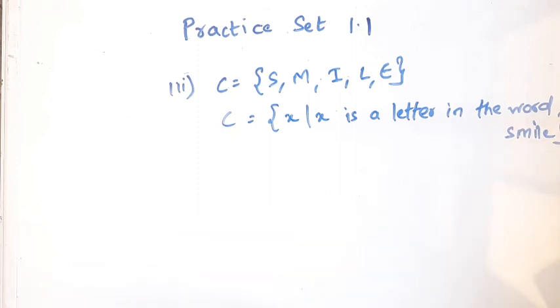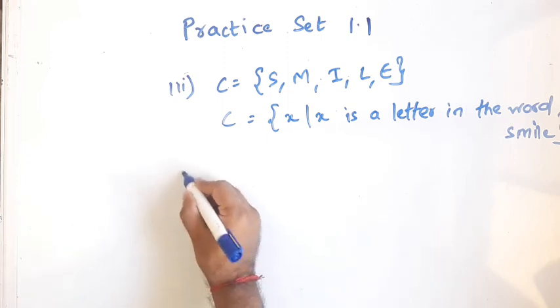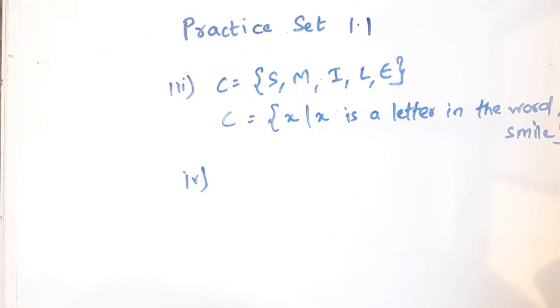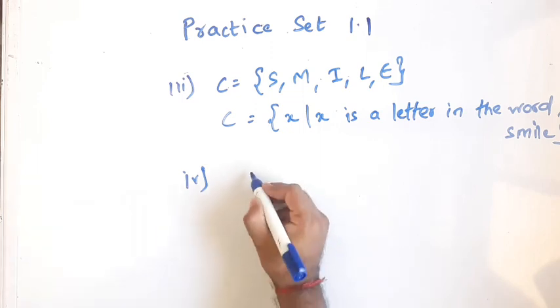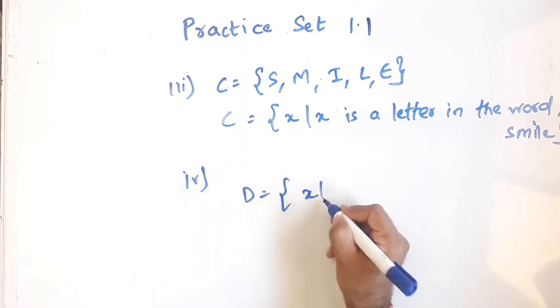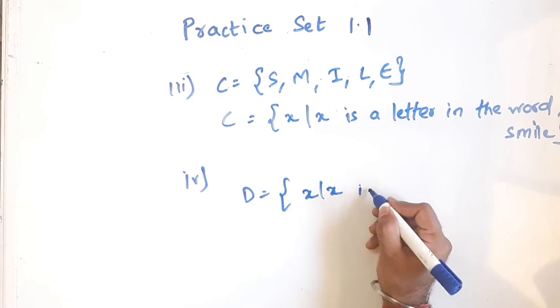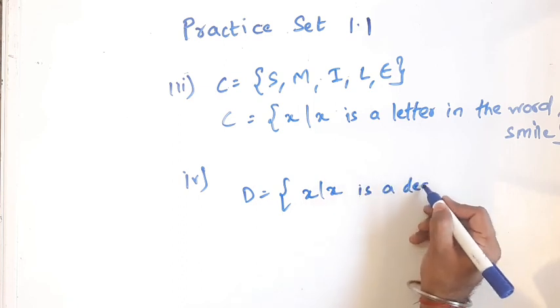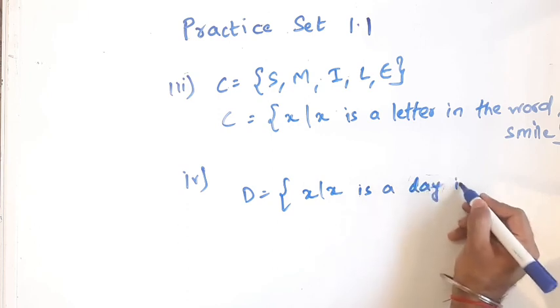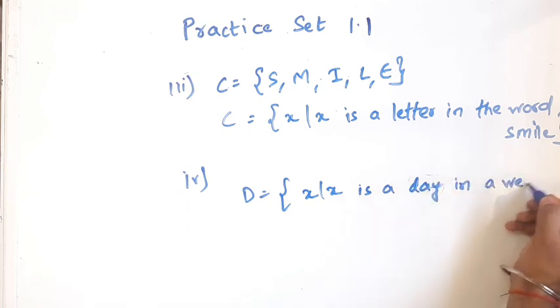Now fourth one is D equals to Sunday, Monday, Tuesday, Wednesday, Thursday. It is very simple. So I'll write straight away. I'll write the answer. I'm not going to write the days. Set of all x such that x is a day. X is a day in a week.